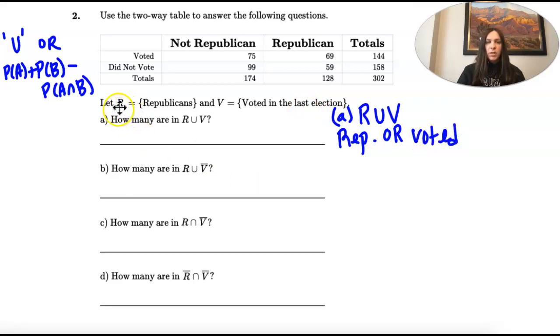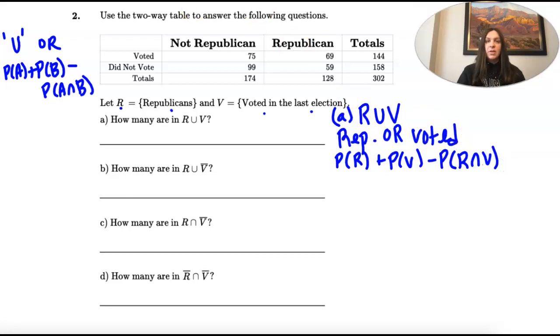And I'm getting those from here. R is Republicans, V means they voted in the last election. So we're going to find the probability of a Republican plus the probability that they voted, and we're going to subtract where those overlap, and let's look at why we do that.